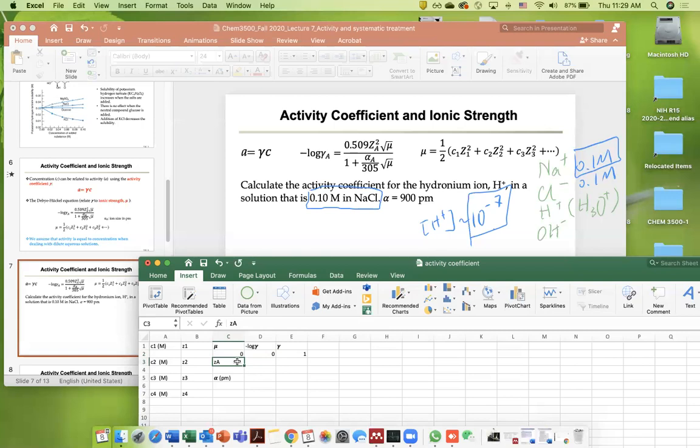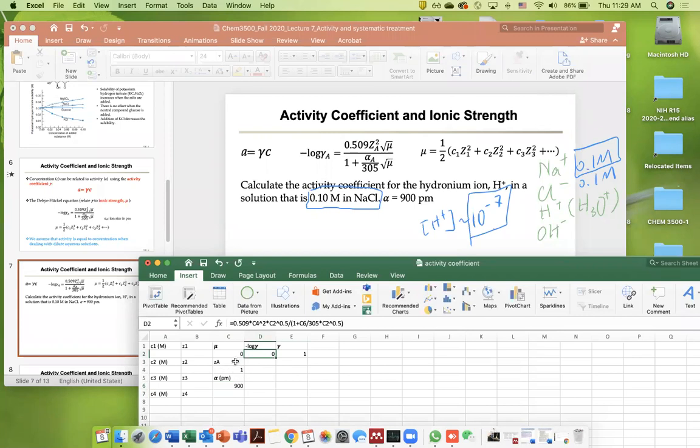And then ZA is simply the charge of the ion of interest. In this case, it's hydronium ion, so it's simply 1, right? And for alpha, it's the size we're already given. Alpha is 900, okay? The negative logarithm of gamma is given by this formula. In the numerator, we have 0.409 times C4 squared.